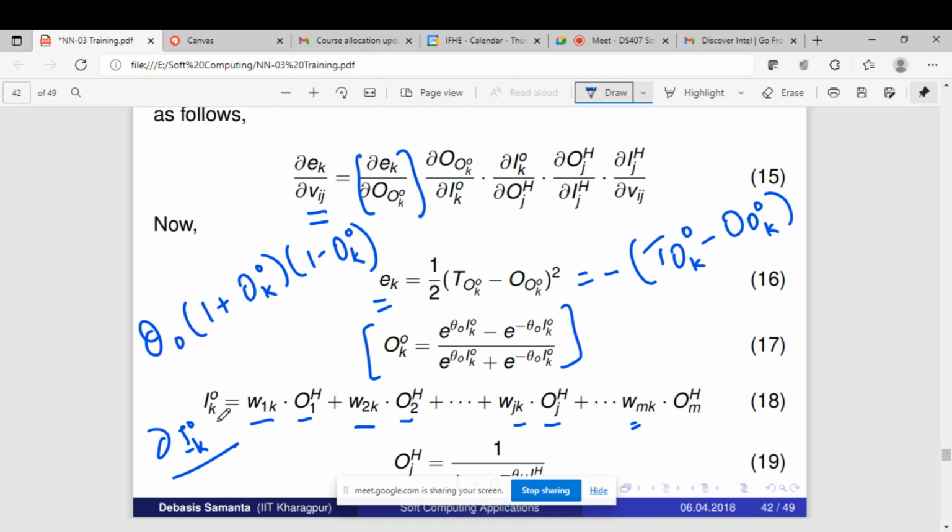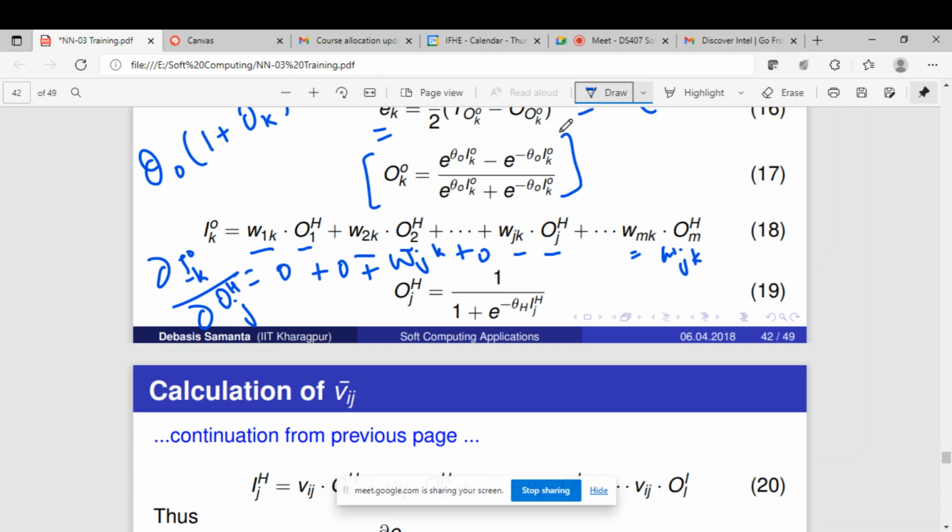Next, derivative of O_j^h with respect to I_j^h. Before that you should know what is O_j^h. O_j^h is the output of the hidden layer. If you recall, in the hidden layer we are using the log sigmoid activation function, which is of the form 1 by 1 plus e to the power minus x.